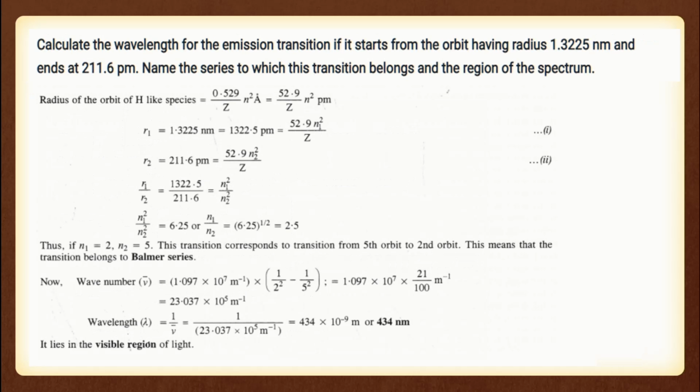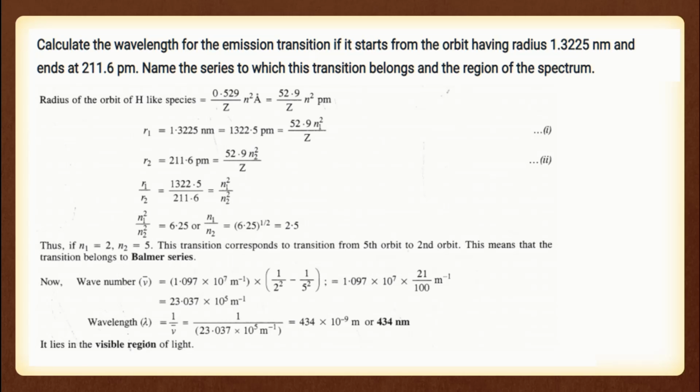Calculate the wavelength for the emission transition if it starts from the orbit having radius 1.3225 nanometers and ends at 211.6 picometers. Name the series to which this transition belongs and the region of the spectrum.